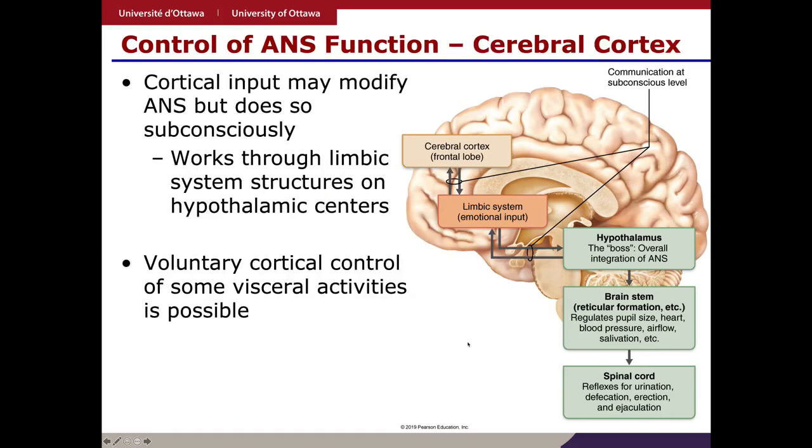Originally, scientists believed that the ANS was not subject to voluntary controls. However, we've all had occasions when just remembering a frightening event made our heart race via the sympathetic response, or the thought of a favorite food, for example, made our mouth water via a parasympathetic response.